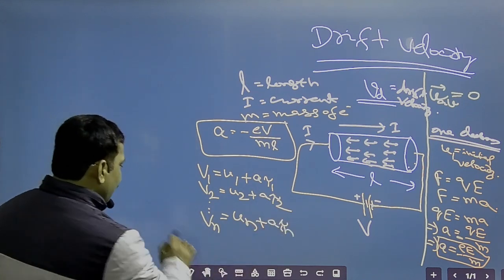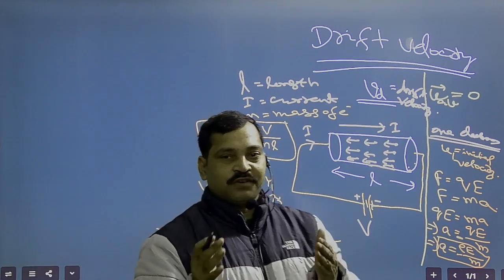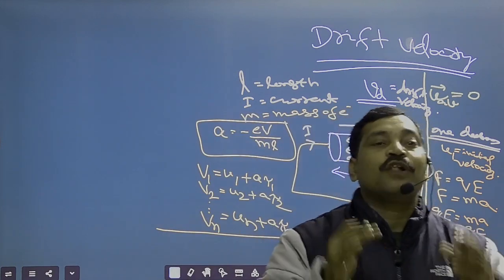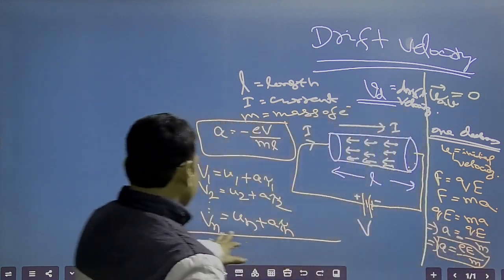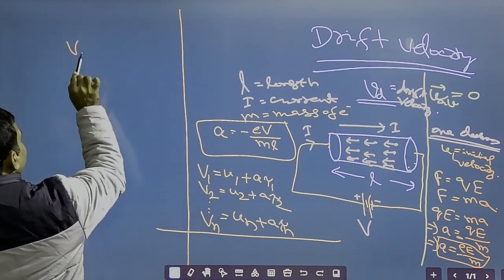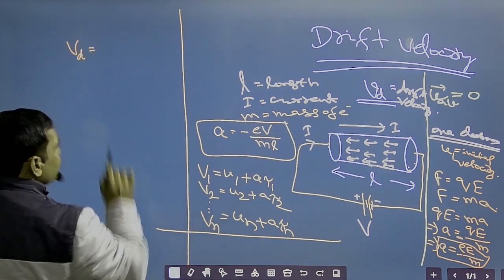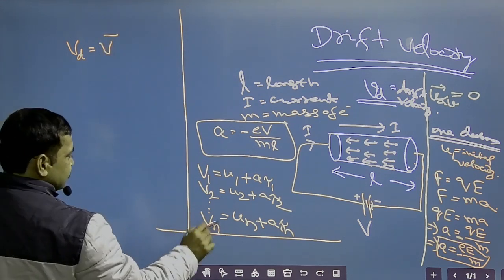Understood? Now by adding and finding the mean or average velocity of all the electrons, we can find the drift velocity. What will be the drift velocity? As per our definition, drift velocity is the average velocity of all the electrons.